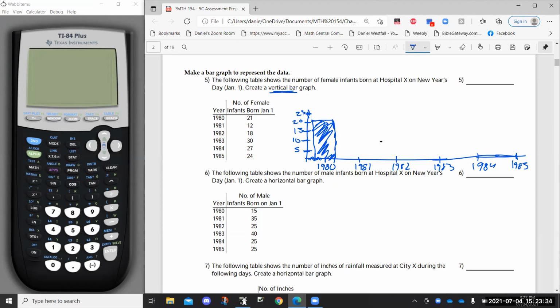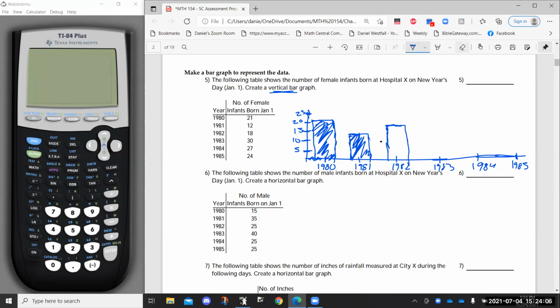And then the second one is 12. So that's going to be not quite halfway between 10 and 15. It's going to be a little below that. Halfway would be 12 and a half. So it's like that. And then 18 is going to be more than halfway. It's going to be up here a little bit closer to 20.